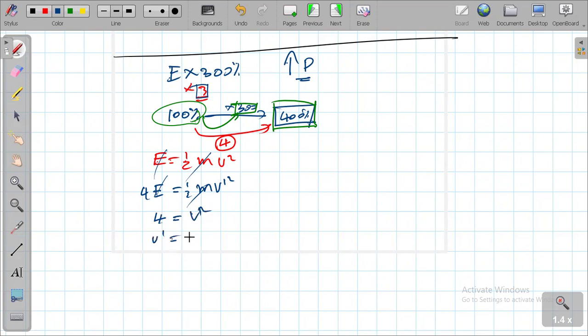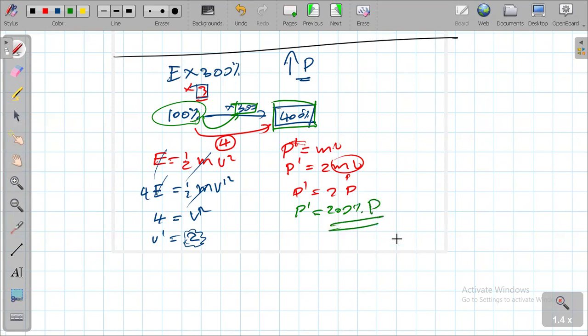V dash is equal to 2 times v. Your momentum P is equal to mv in the first case. P dash is going to be 2mv. So P dash is equal to 2P. Expressed in percentage, your new momentum is 200% of P.